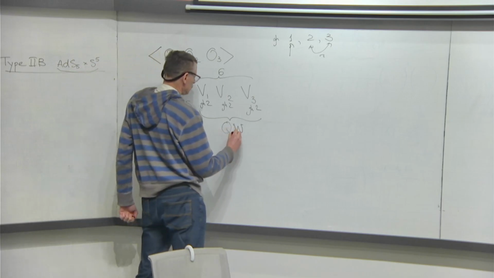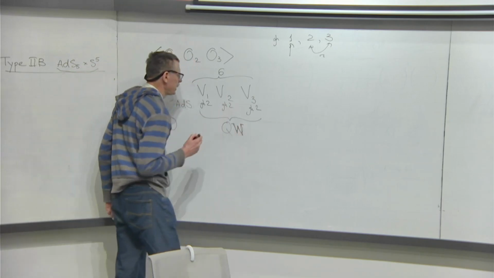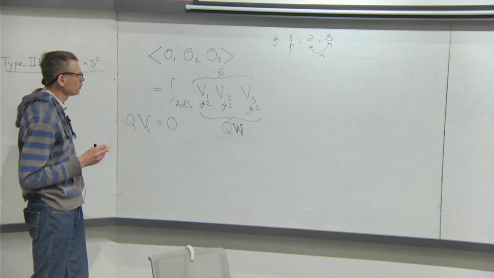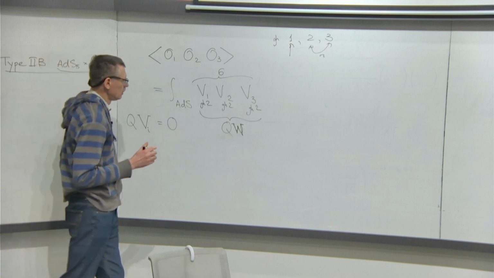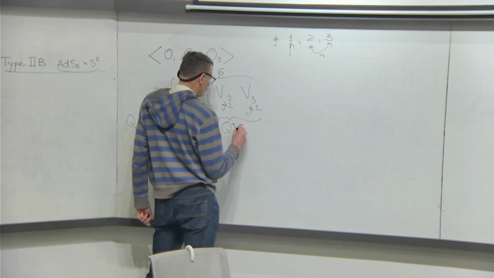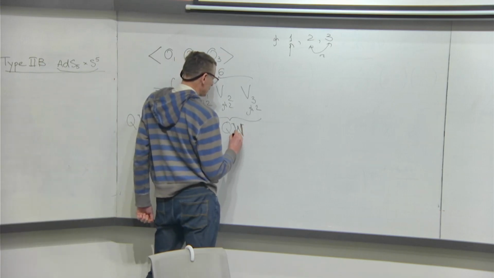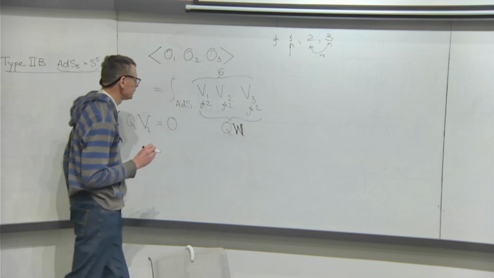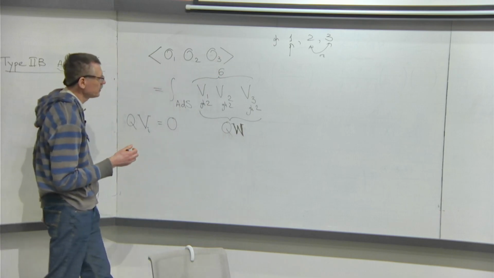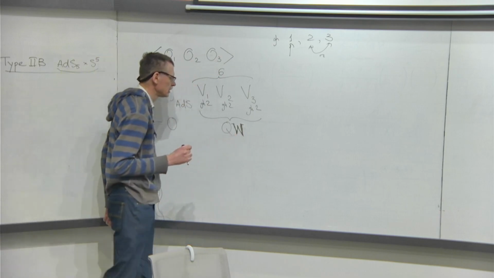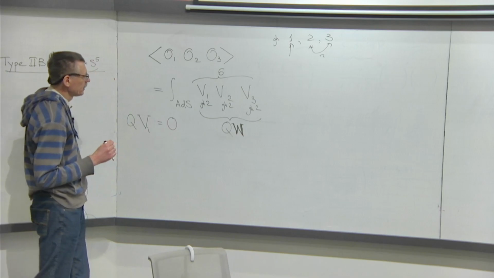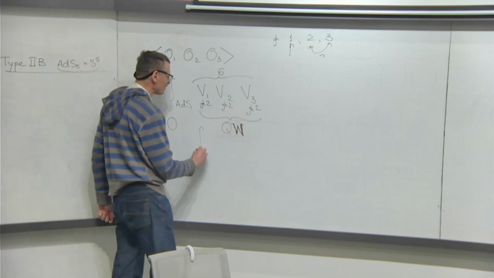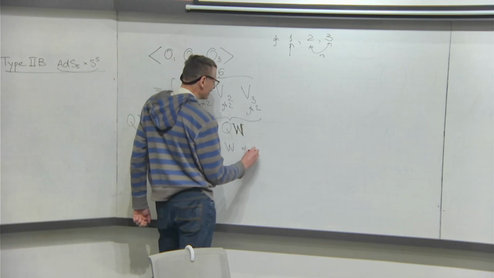But so naively, the correlation function should be 0, but somehow the subtlety should be that W does not have good behavior at infinity in AdS. AdS is a non-compact space, so W should be not admissible. And therefore, the integral of Q of W is actually not 0.